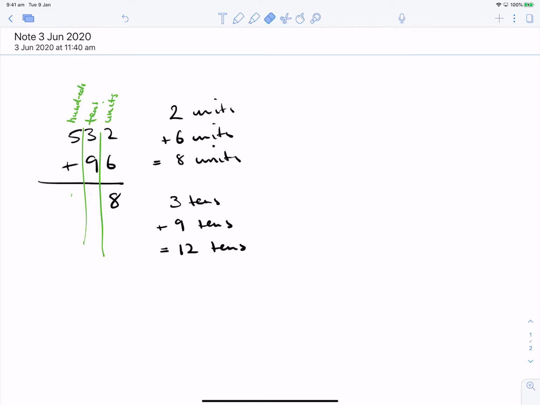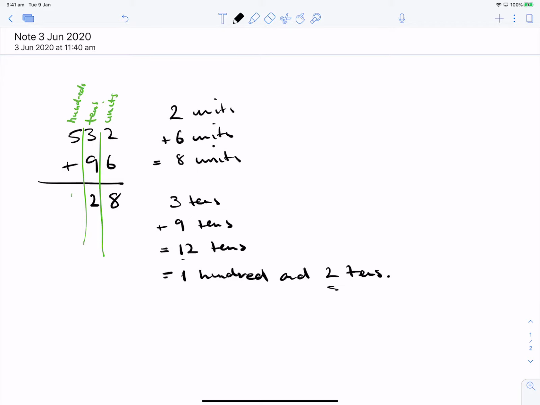So what I really need to do is break this up into how many tens I've got and how many hundreds I've got. So the 12 tens equals 100 and 2 tens. And then I put my 2 tens in the tens column.